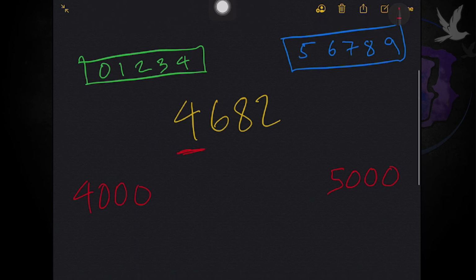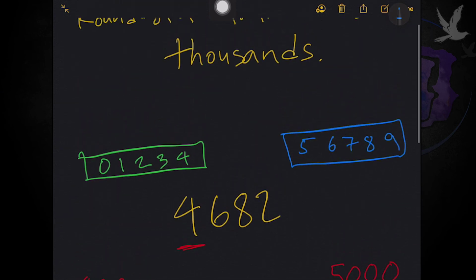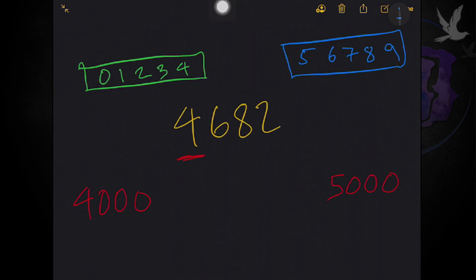So, to round off, what was our clue earlier is to make use of the digit before what is asked, which in this case is thousands. Making use of the digit before thousands is 6.